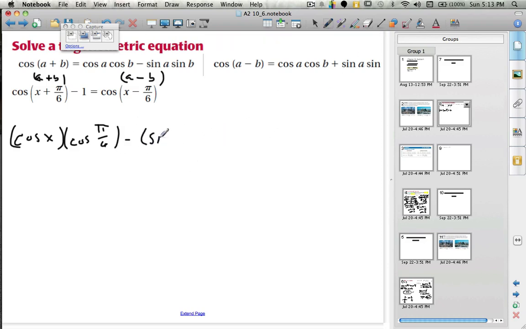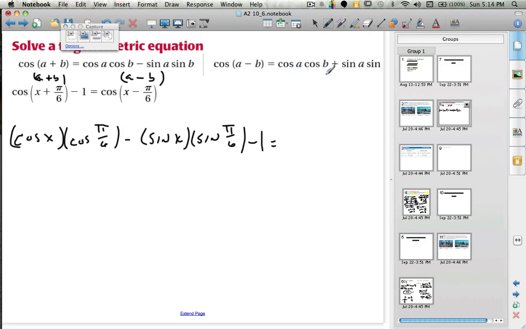Minus 1. So I'm working on this left side. Now I'm going to write out the right side.